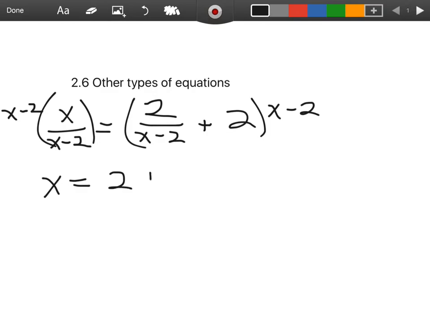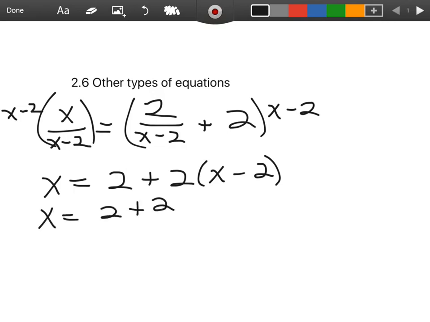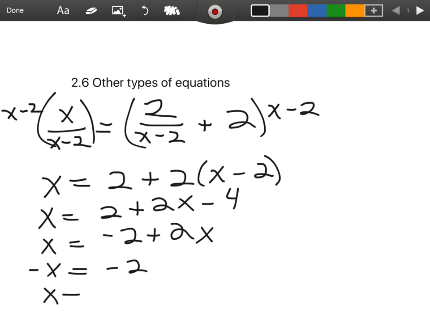Right-hand side, we get 2 plus 2 times x minus 2. Okay? When we go through solving this, we get 2x minus 4, which is negative 2 plus 2x. Subtract 2x to the other side, I get negative x equals negative 2, or x equals 2.